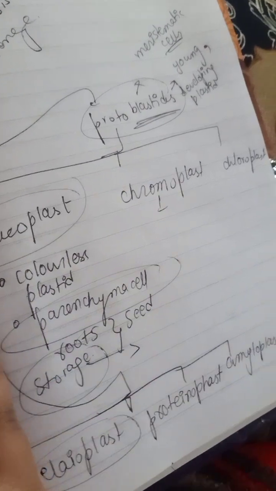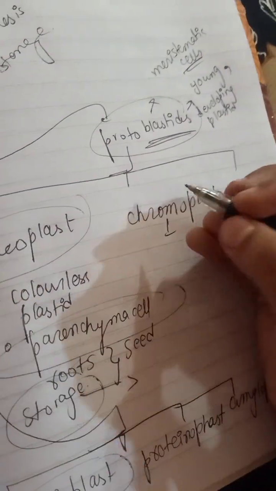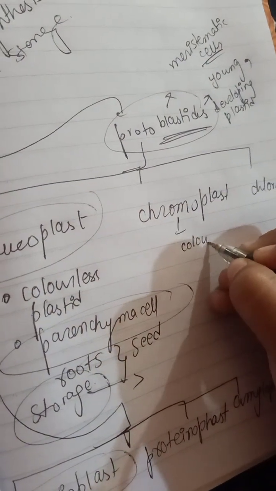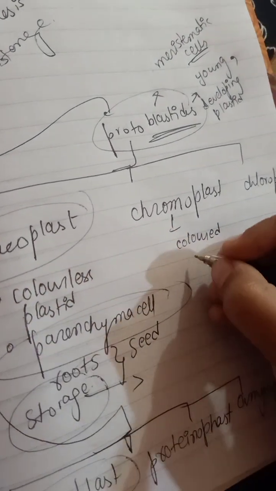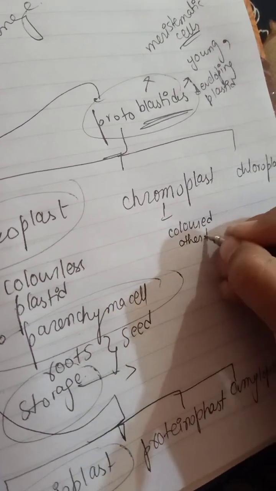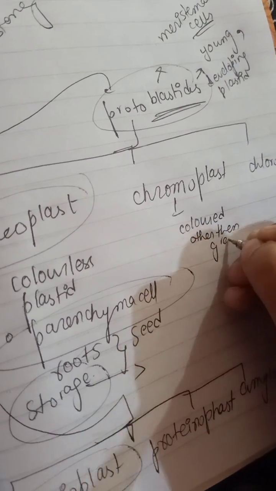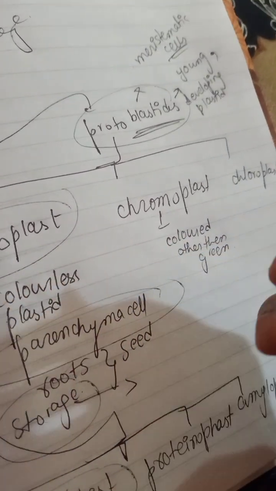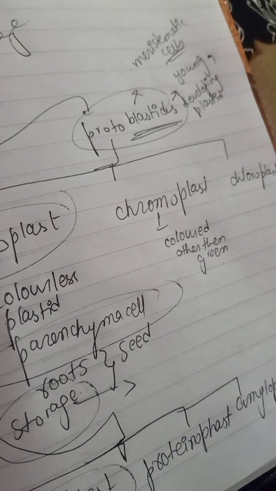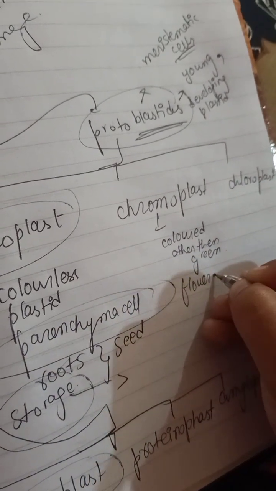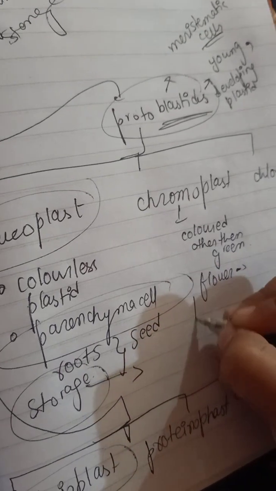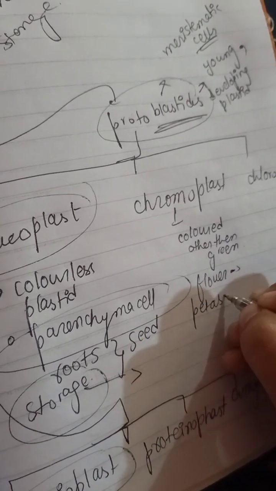Okay, now let's move toward the chromoplast. So what is chromoplast? Chromoplast is basically a colored pigment plastid, but other than green. They are also found in the non-green parts of the plant, such as flowers, petals, and fruits.